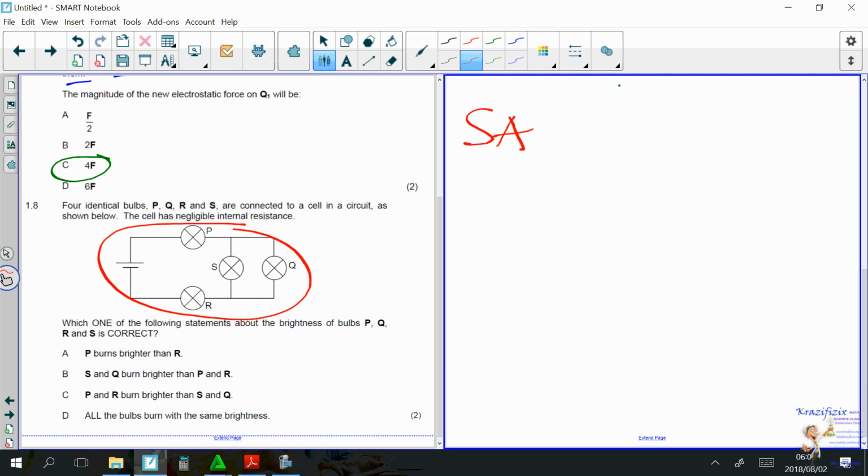I say South African Police Department is paid. And what we simply mean is series are potential dividers. Parallel are current dividers. Remember, current is I.